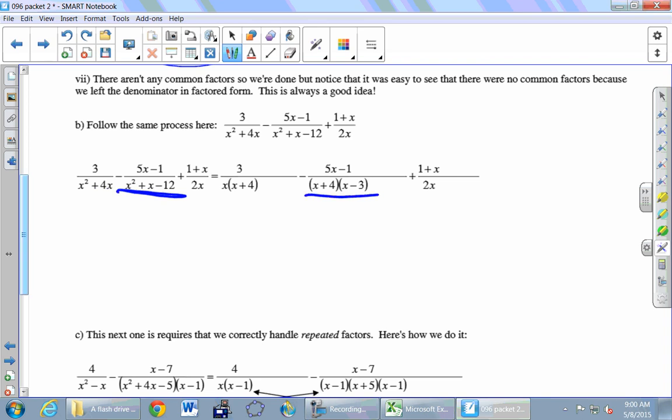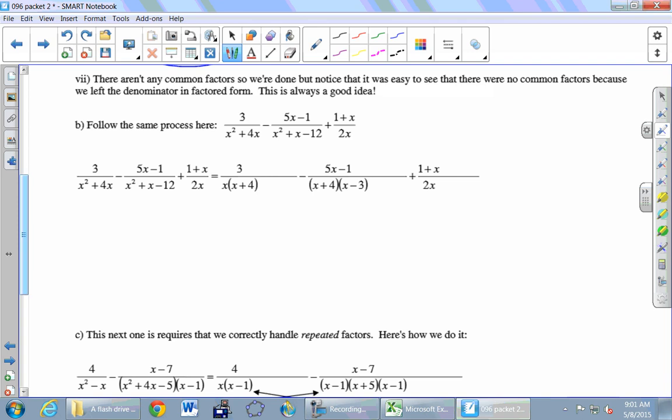Just to save us some time, I've written it out there. Can you factor 2x? Nope, it's already factored. It's good, so it's copied here. Everybody okay with the first step? Just like with numbers, factor the denominators first. Okay, and now we're going to build by putting in what's missing.